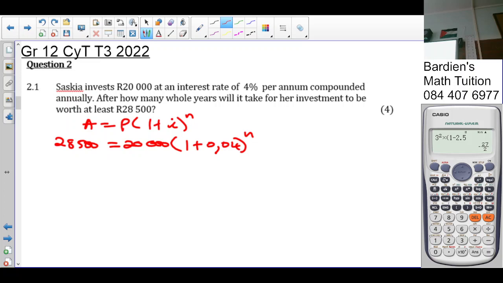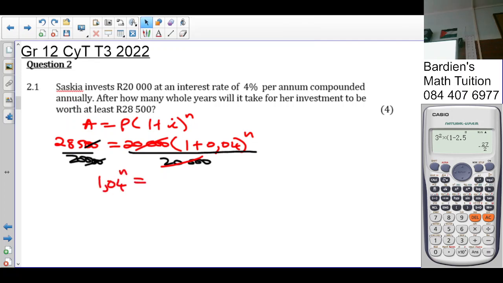So the first thing we do is we divide by 20,000 on both sides. The thousands and the hundreds cancel. So that cancels. So we get 1 plus 0,04 is 1,04 equals. Put that in the calculator, 28,500 divided by 20,000 gives us 57/40.